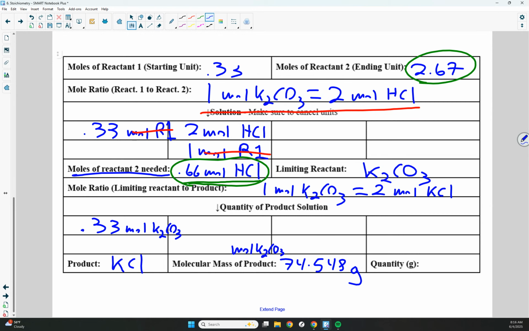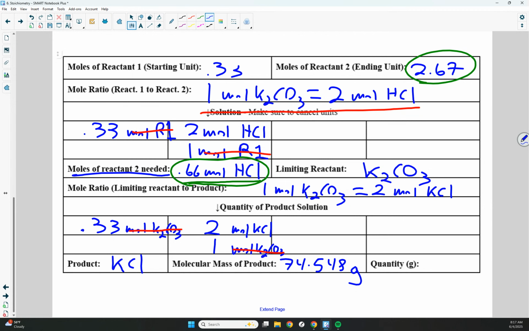And I'm going to put moles of KCl up here, my product. And the ratio is 1 mole of K2CO3 for every 2 moles of KCl. But I'm not done because I'm trying to figure out the mass in grams of my product that can be made. So I can cancel out moles of K2CO3 here.